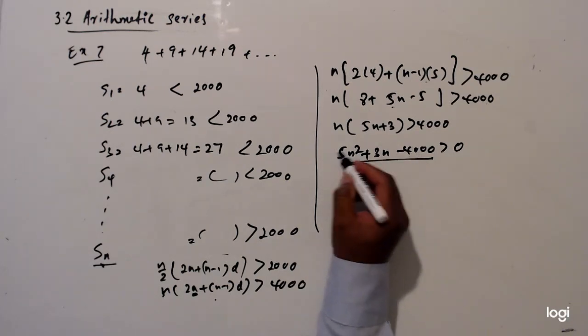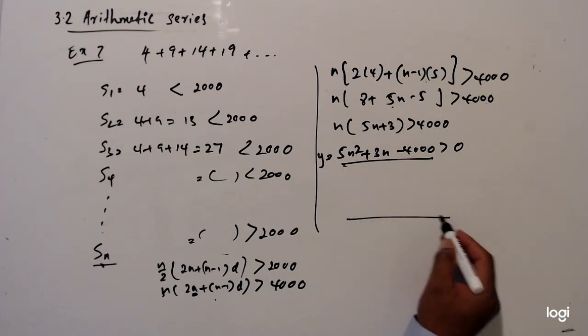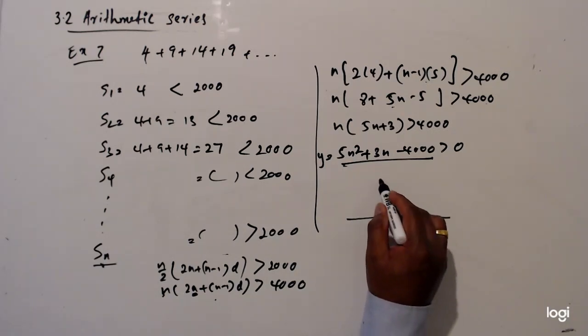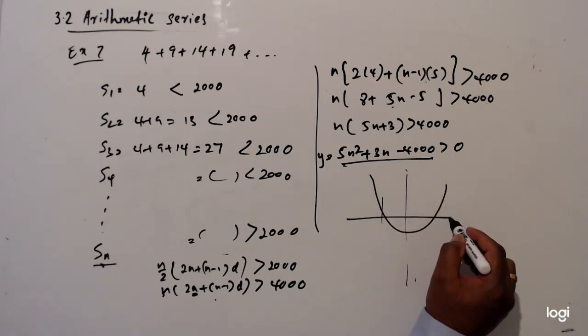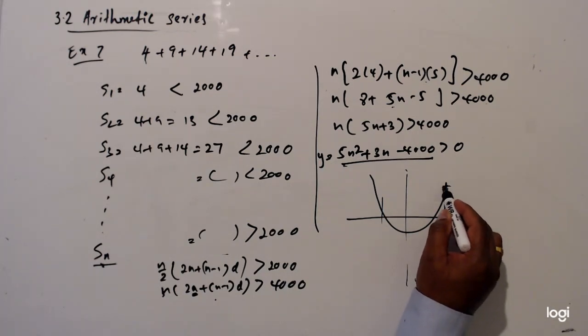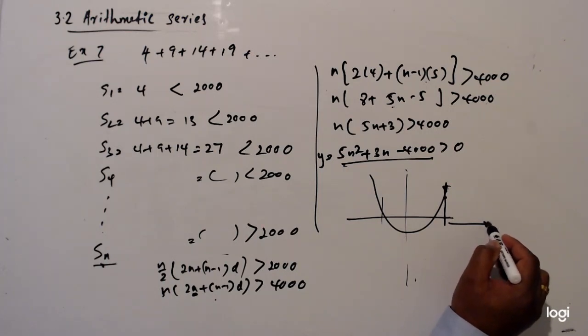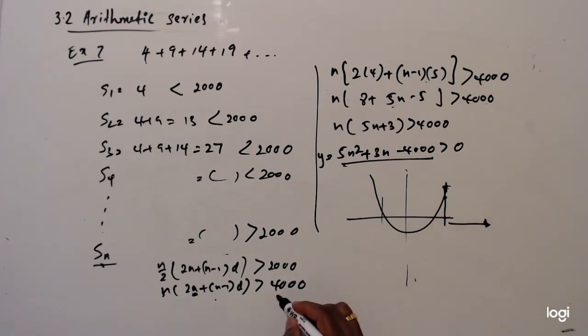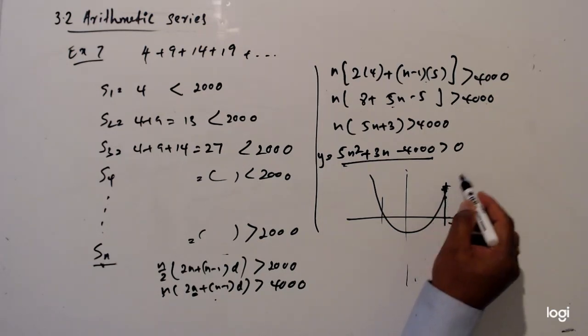Now this is a quadratic equation, y equals this. When you draw a graph, after some n, this value is greater than 0.